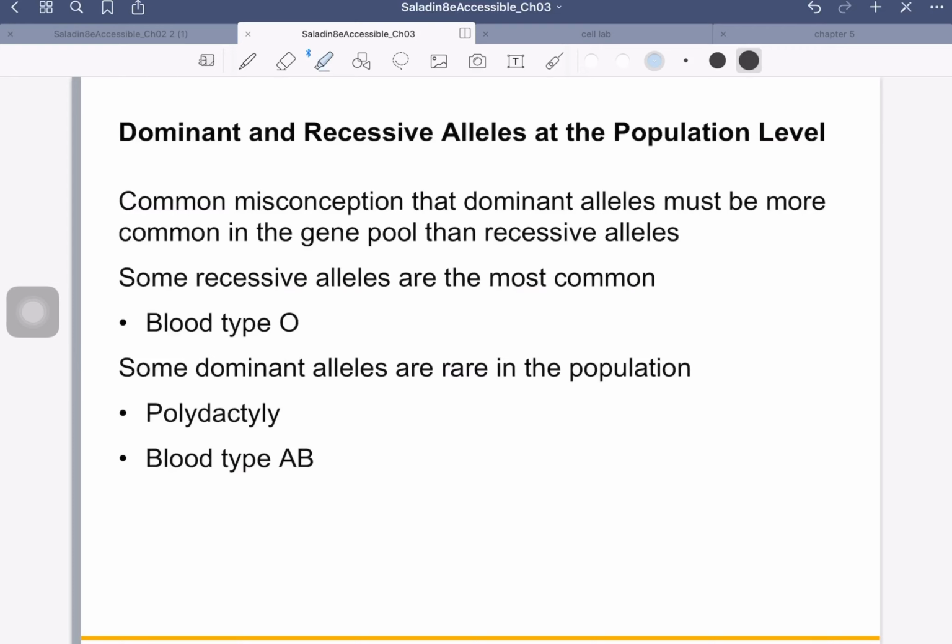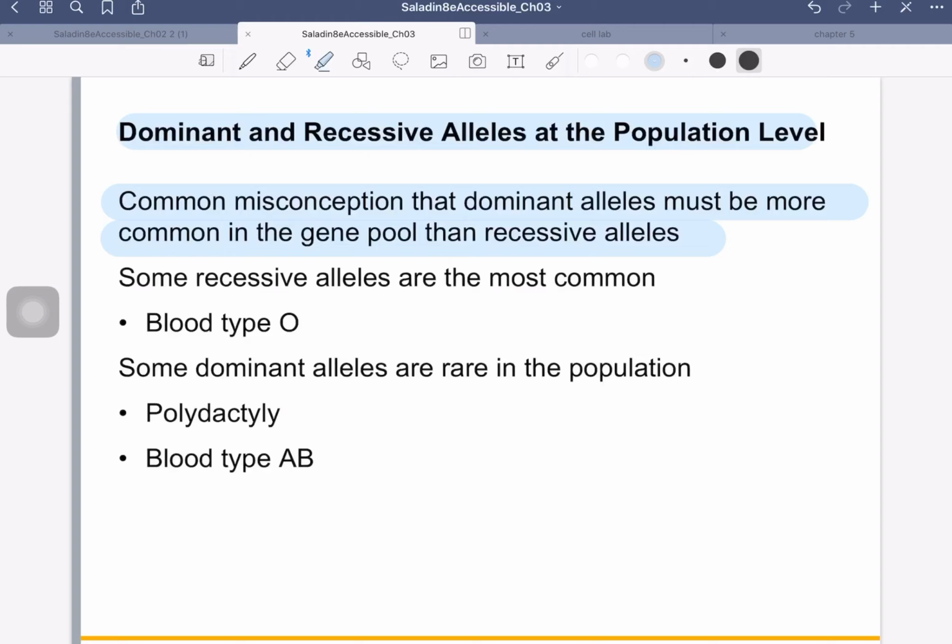Now, I just want to say, because we had talked about dominant and recessive alleles, at the population level it's important to know that people often have the wrong impression that a dominant allele, because of the name, must be much more common than the recessive. And that's not necessarily the case.